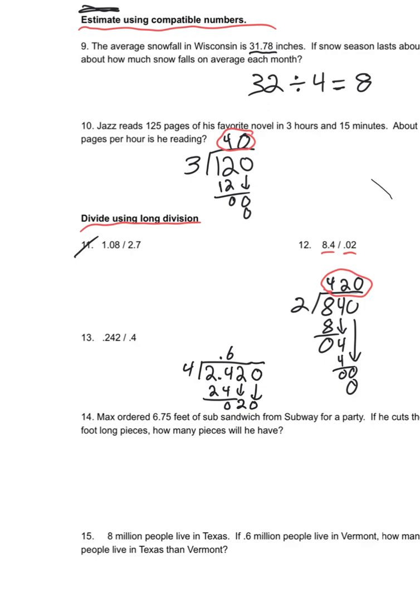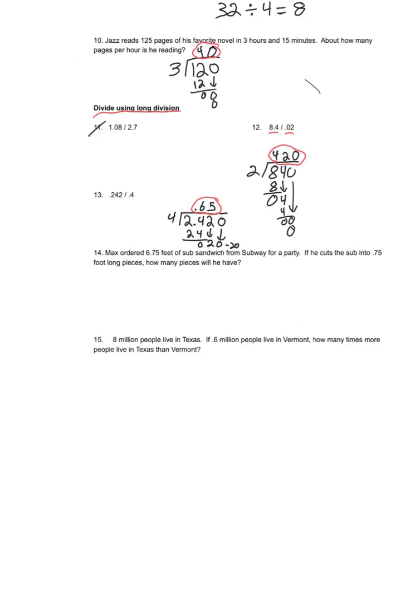And 4 can go into 20 5 times, which 4 times 5 is 20, which means no remainder, and that would be your answer. 0.65, so just over a half. 0.242 would be just over a half of 0.4.